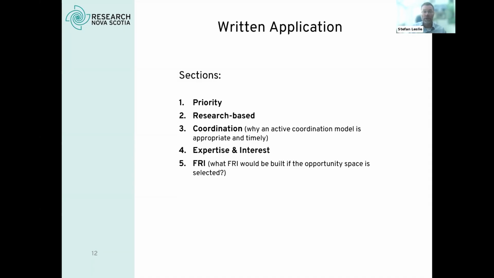Why an active coordination model is appropriate and timely. How the expertise and interest exists here or can be developed, based on a core level of existing capacity that is already here. And then finally, if invited, what would the FRI be that you would build within this opportunity space if selected?